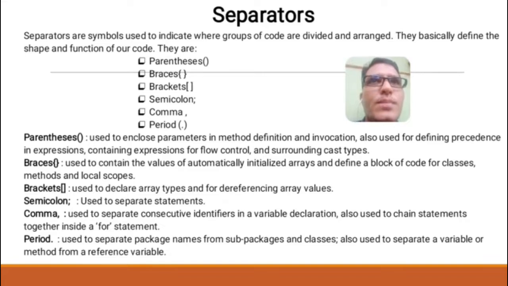Here io is a package, which is a folder. In that folder, whatever classes, methods and interfaces exist, we are going to access. Likewise, we use this period operator to access classes, methods, packages, and also to access class variables and class methods.